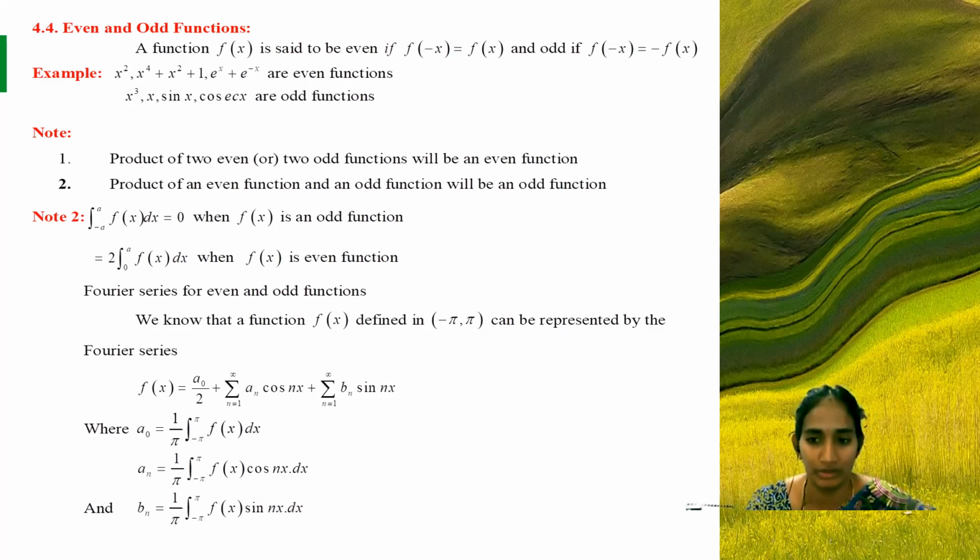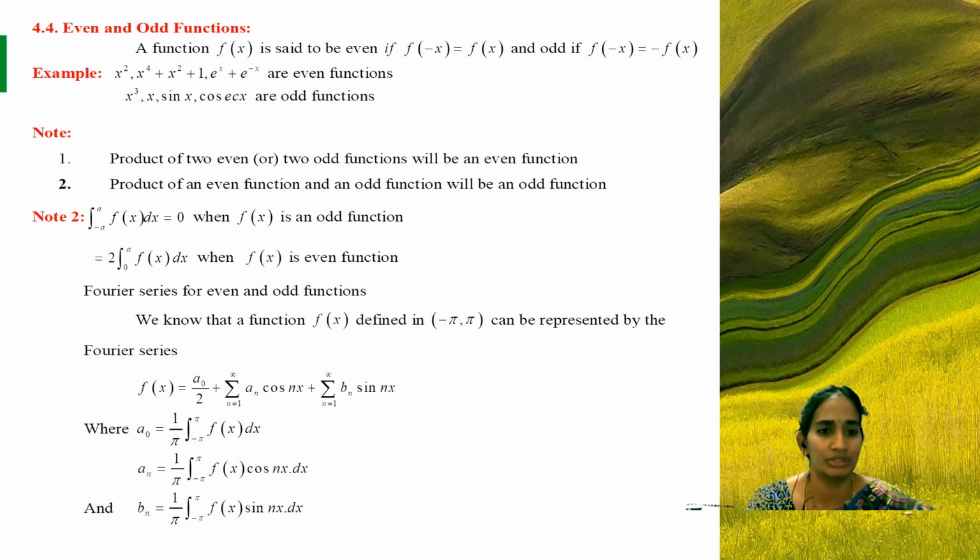Next note: the product of an even function and an odd function will be odd. So when both the functions are odd or both the functions are even, the product we are getting is even. If one function is even and the other one is odd, we are getting an odd function. Product is an odd function. Okay.